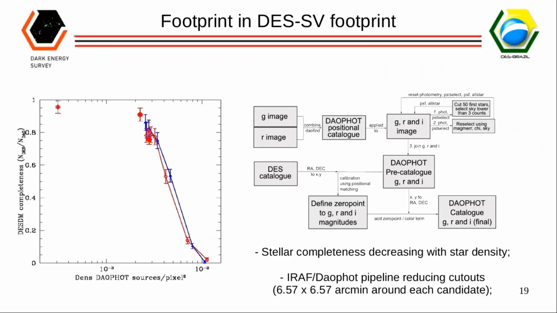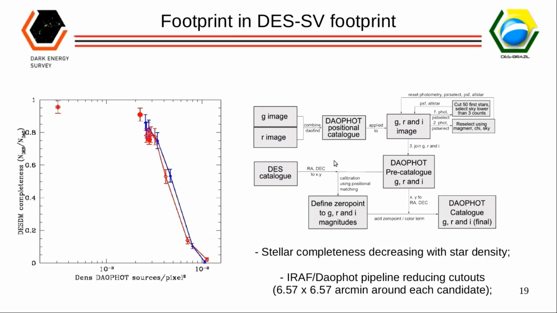Summarizing our work about the stellar completeness in only one figure, that's the figure on the left. We determined that the stellar completeness decreases with the star density. To solve this problem, we implemented a pipeline based on DAOPHOT to reduce the images around each cluster candidate that was visually identified.